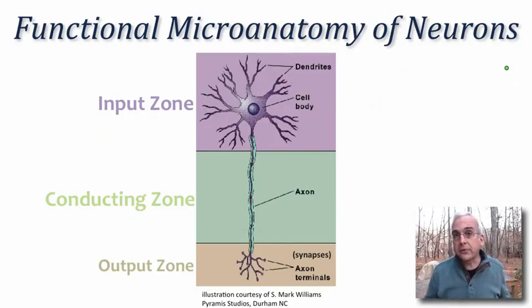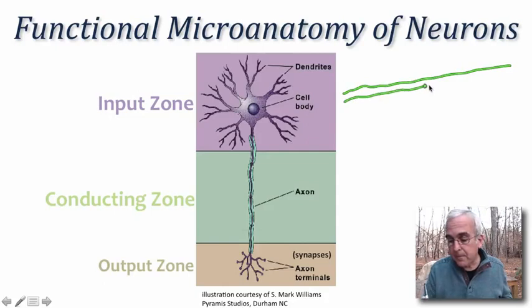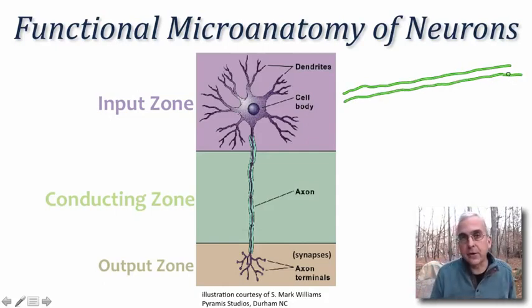Now, not all dendrites grow out spines. Some dendrites are smooth. And where we see cells that grow out smooth dendrites, we know that these cells tend to be those that have an inhibitory effect on the cells that they make synaptic connections to. So the presence or absence of spines on dendrites is one means by which we can classify neurons.